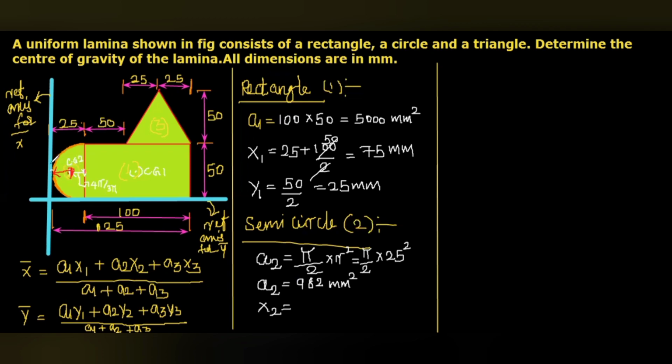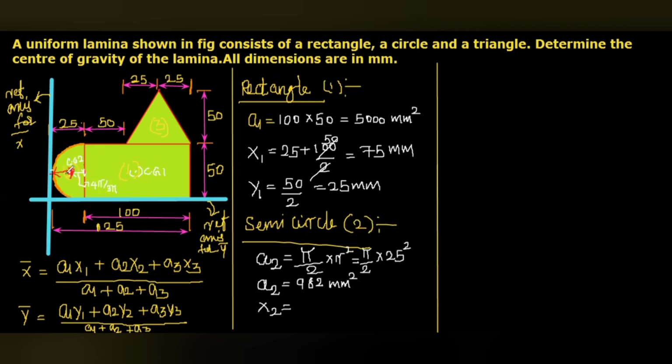So we can take from here to here, that is 25, minus this 4r by 3 pi. The total radius is 25 mm, and we need the distance from the reference axis to the CG, but we know the formula from the CG to the base, that is 4r by 3 pi.